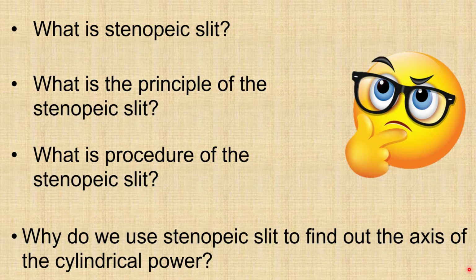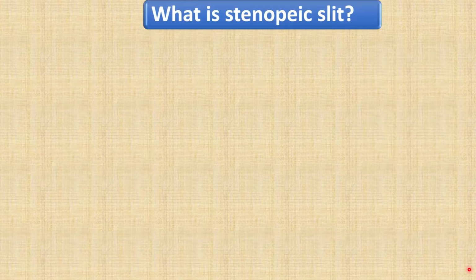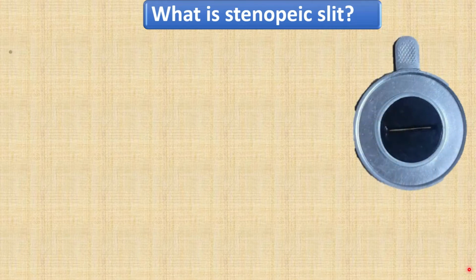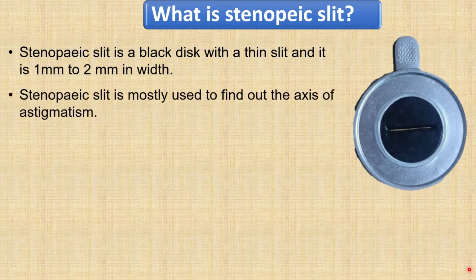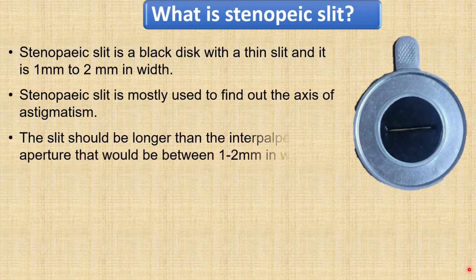Friends, let's know what is stenopic slit. Stenopic slit is a black disc with a thin slit and it is 1 mm to 2 mm in width. Stenopic slit is mostly used to find out the axis of astigmatism. It is coming with all the trial set of the box.